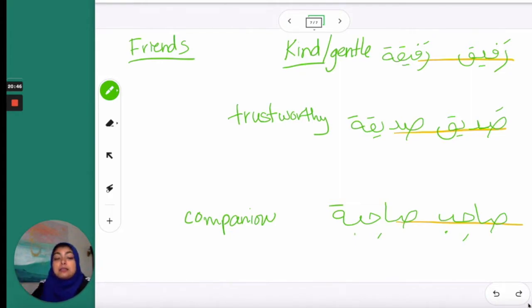Same thing with words like love. There are so many different words for love because it describes what kind. Is it gentle? Is it passionate? Is it steady? What kind of love is it? Is it very deep? Is it intimate? So that's just a little glimpse into the beauty of rhetoric within language.